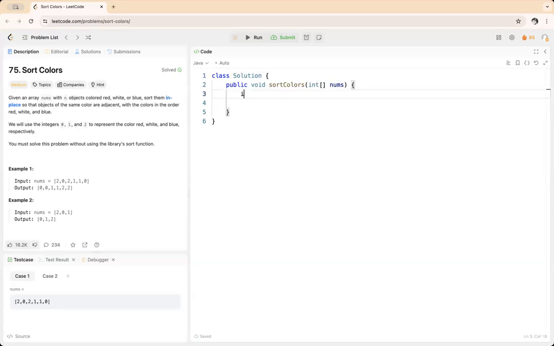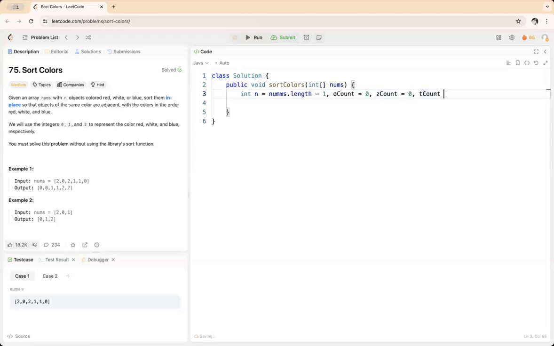One very common technique which comes to mind is, just take this nums dot length, and then let's say one count, zero count, and then two count. These are three variables, and we initialize them to zero because initial values of counts are zero.